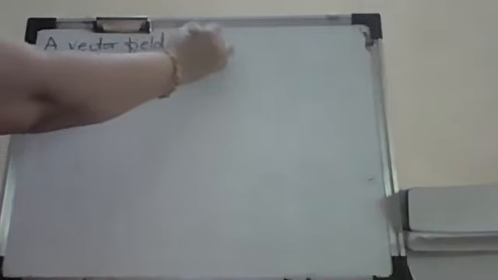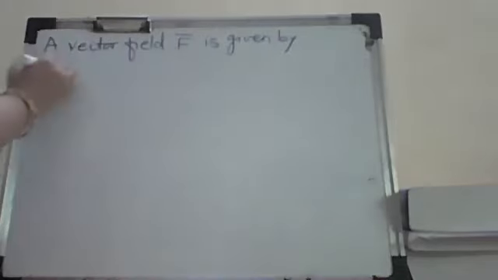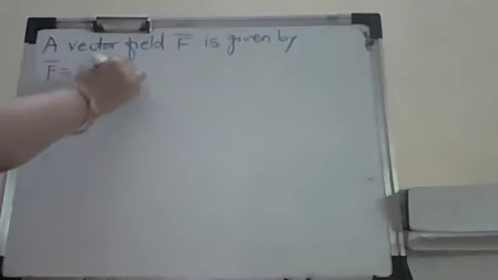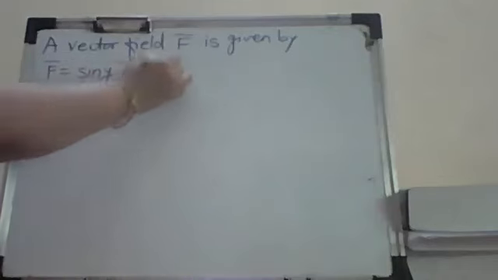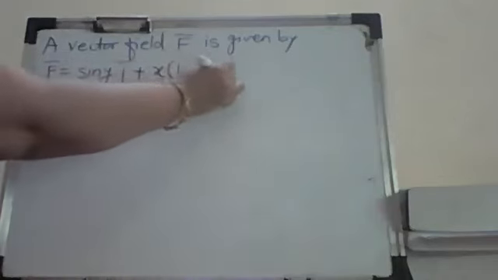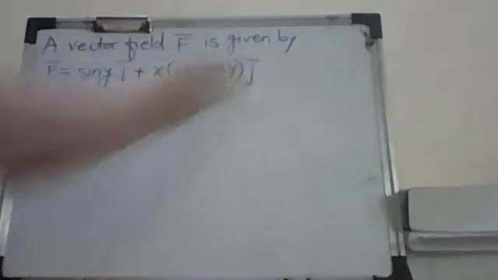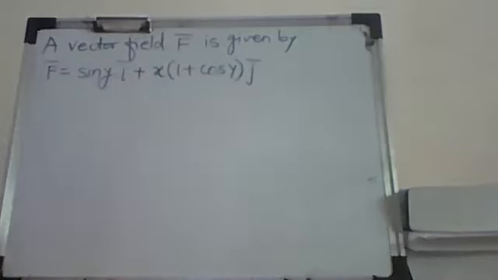A vector field f bar is given by f bar equal to sin y times i bar plus x into 1 plus cos y times k bar.